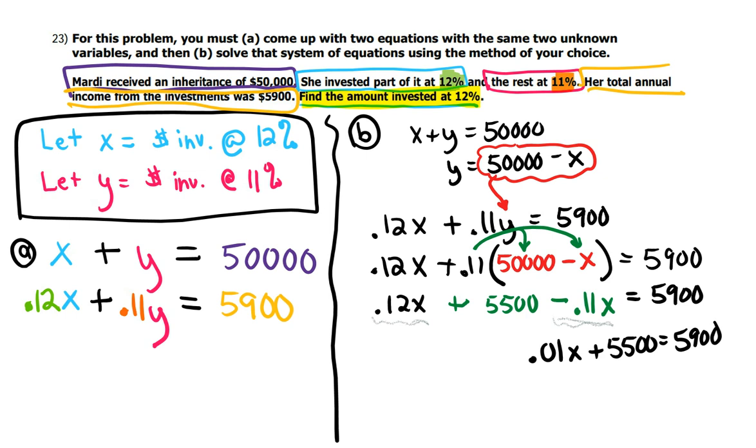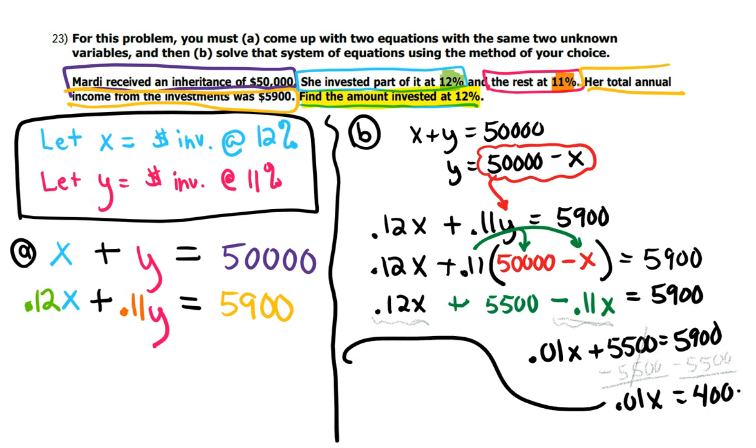And then it's just two steps. I would subtract the 5,500 to cancel it there. And that's going to give me 0.01X is equal to 400. And I'm kind of running out of room, so follow me over here.